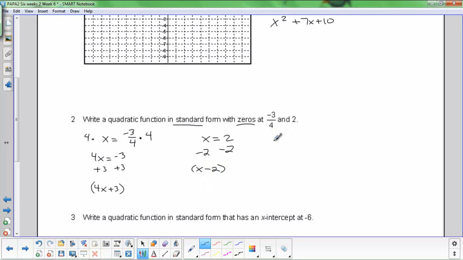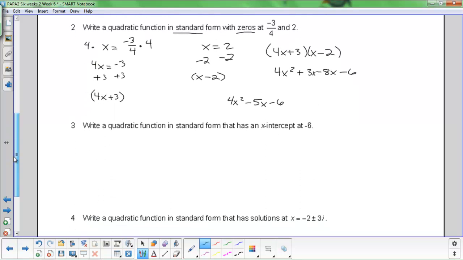Multiply them together to get it in the standard form, 4x plus 3 times x minus 2, and I get 4x squared plus 3x minus 8x minus 6. The final form of the equation in standard form is 4x squared minus 5x minus 6.